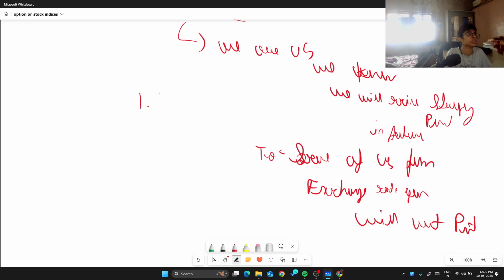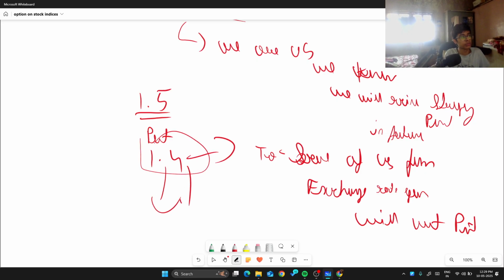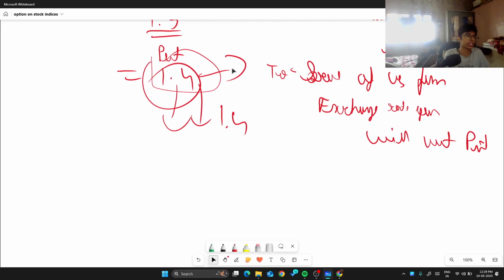So let's say sterling is at 1.5 and we buy a put of 1.4. If the price is below 1.4, we will use this strike price, and if it is higher, we will use the spot price. That's how simple.